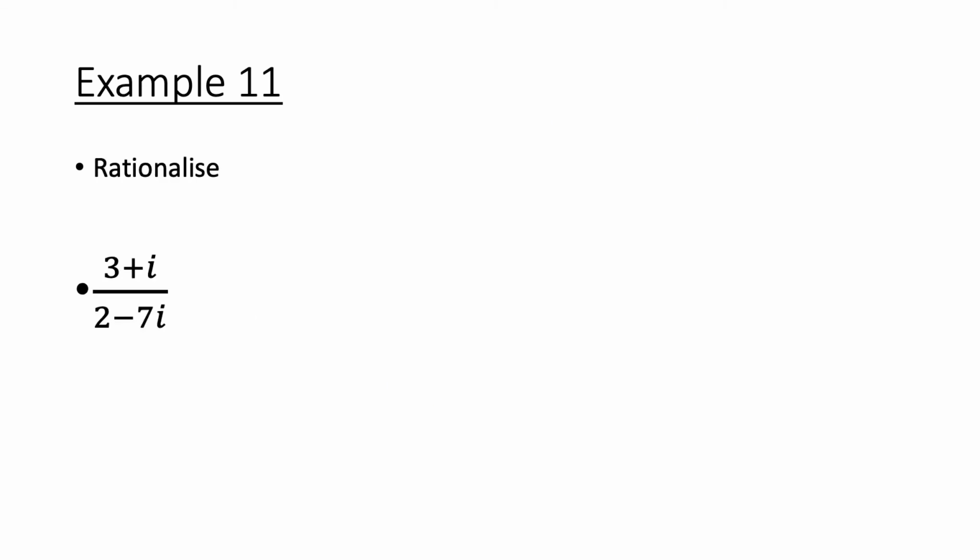Right, guys, okay, rationalize this. So multiply by the conjugate, so it's going to be 2 plus 7i over 2 plus 7i. And the reason for that is on the denominator, I will just get a whole number, because this becomes the difference of two squares on the bottom. 2 times 2 is 4.